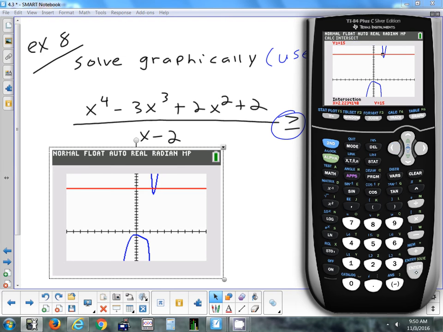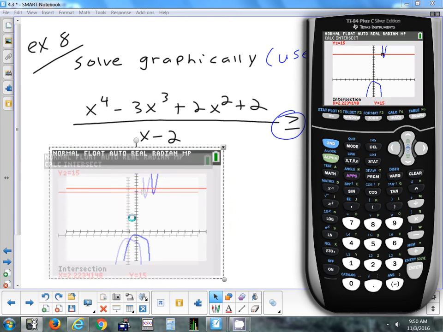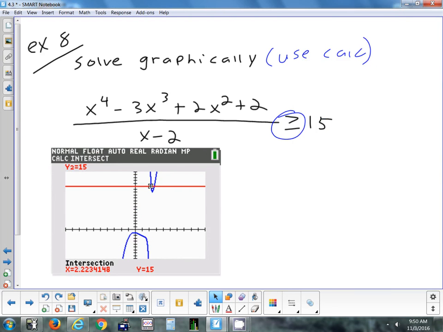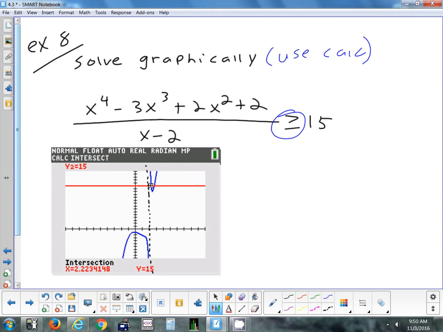So I can pick any value. There's my vertical asymptote. Any value from 2. Can I include 2 though? No. Any value from 2 up to 2.22, and I can include 2.22. If you pick any value between 2 and 2.22, it'll be above the red line.